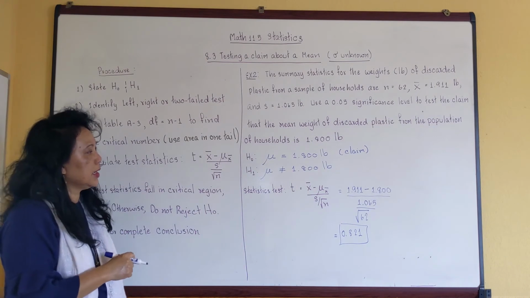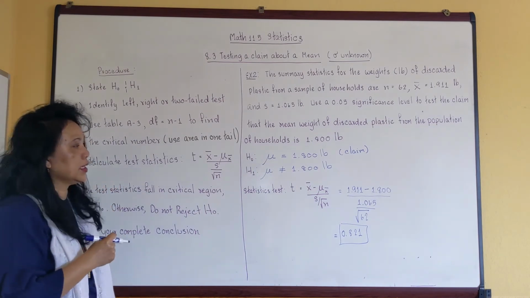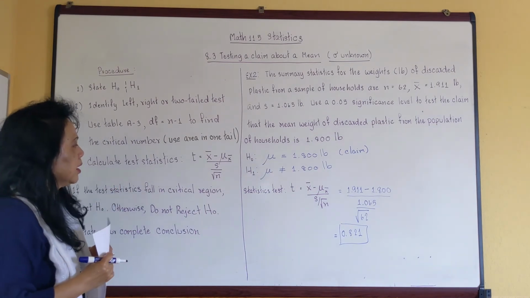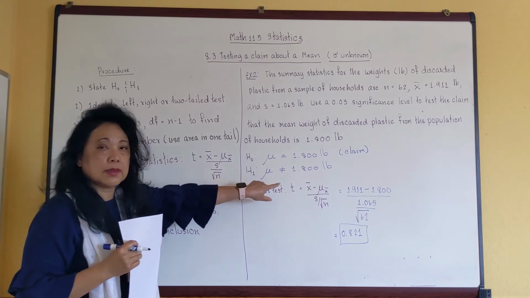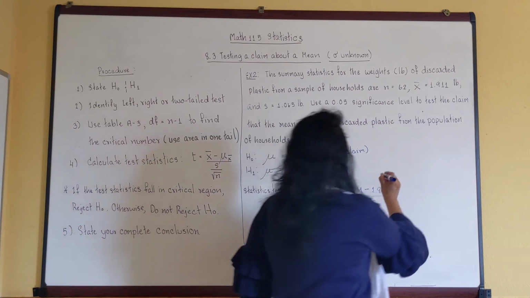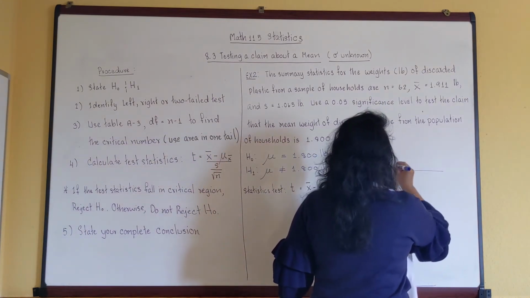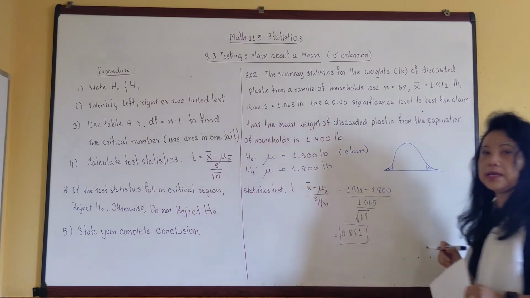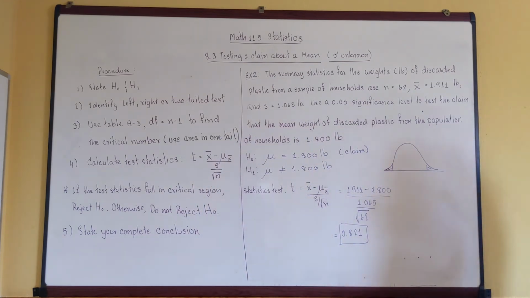Next step, you have to identify whether it is a left tail, right tail, or two tail test. Because the alternative is not equal, you have a two tail test, with two shaded areas on the left and on the right.